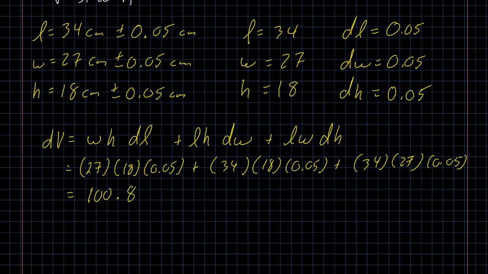I probably should have done this earlier, actually calculate the volume itself. 34 times 27 times 18 comes out at 16,524.